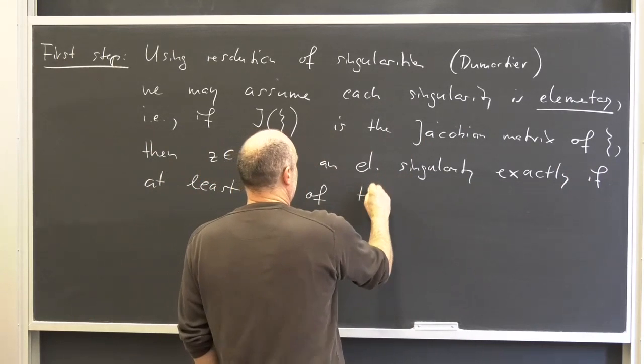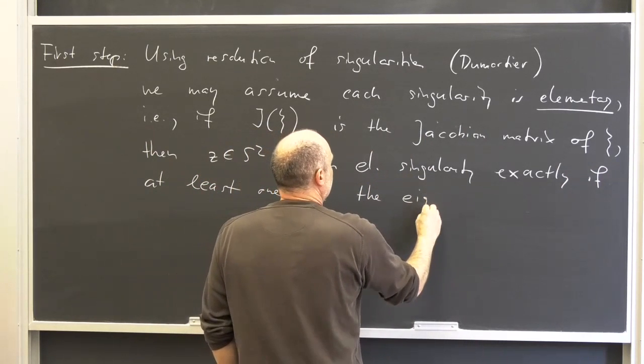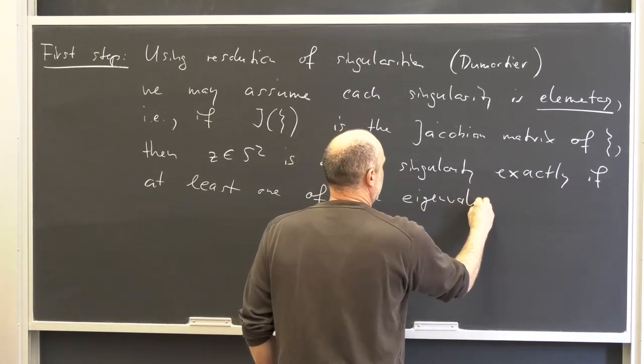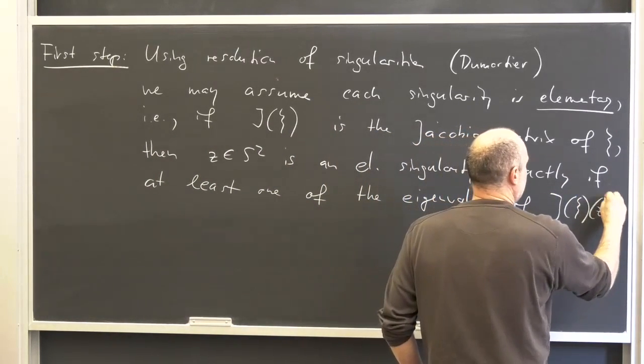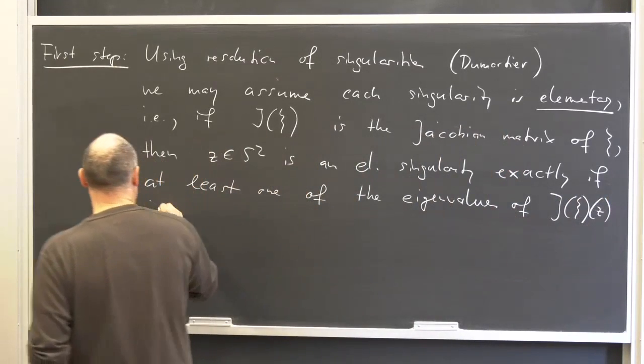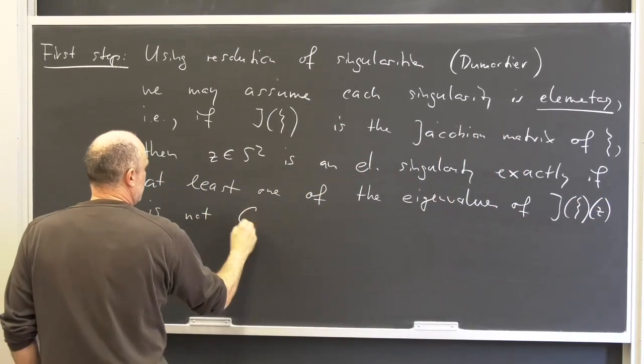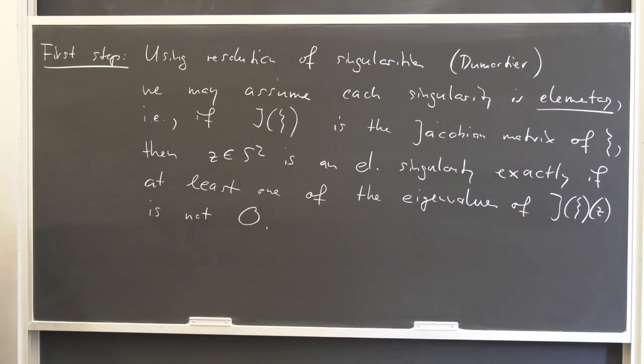One of the eigenvalues of the Jacobian at z is not 0. Right, so the Jordan decomposition has a diagonal entry that's not 0.